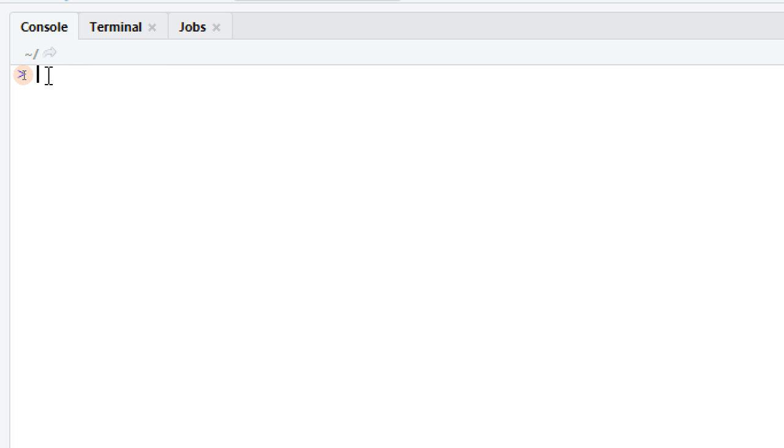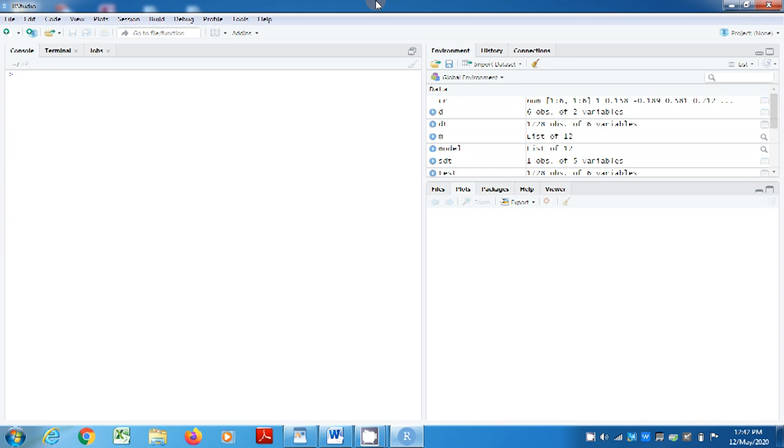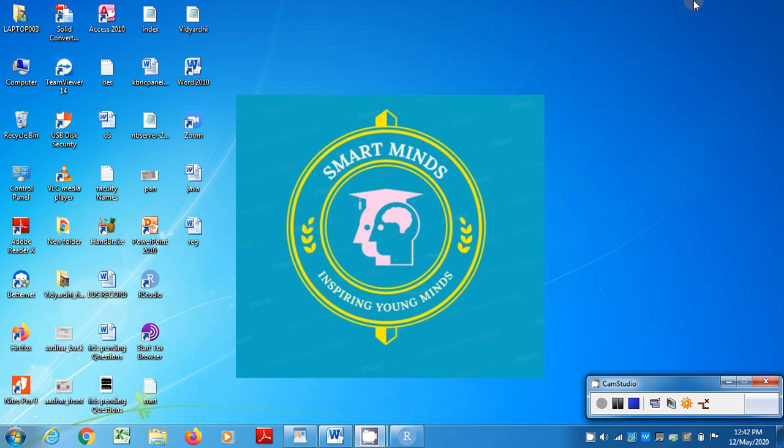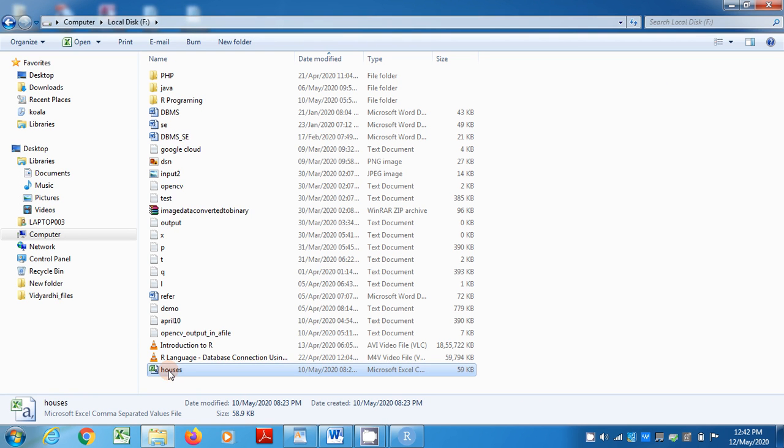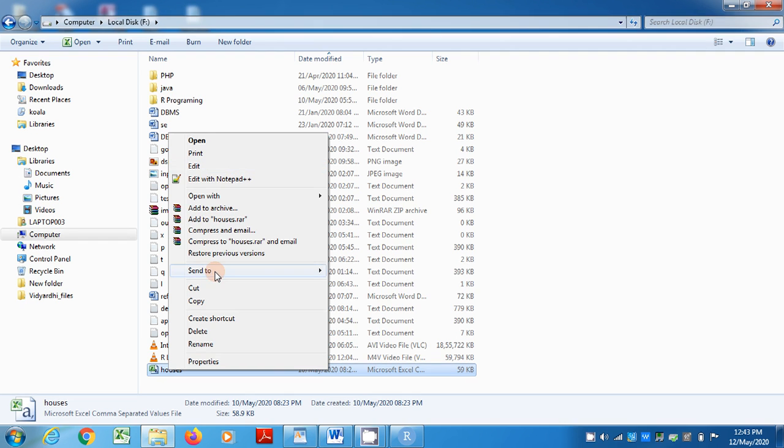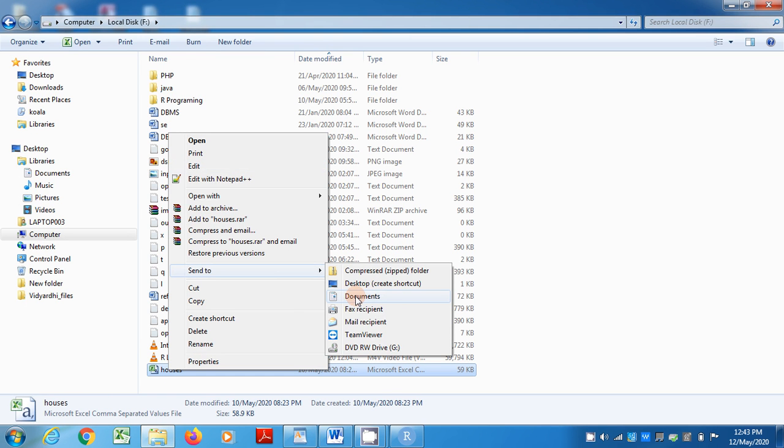First, I will load my data set into our environment. My data set is available in the F drive with the name houses. You can see that the data set is available in CSV format.